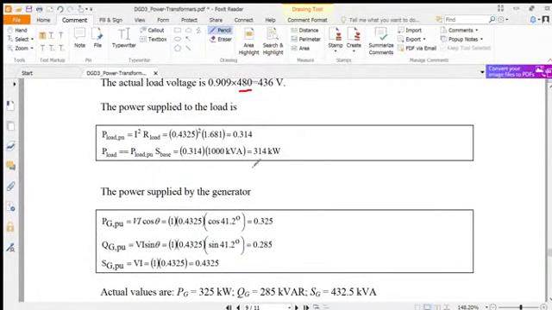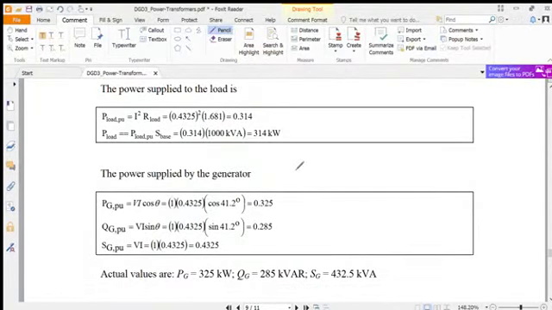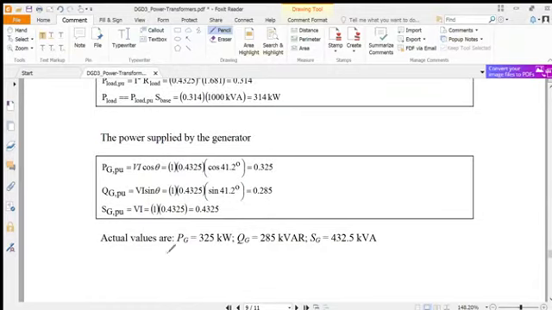Here we can see that the generator supplies 0.325 per unit, whereas the received power is 0.314, or 314 kilowatts. This is all the value in per unit, and this is the actual value. You just multiply by 1000 kVA, and we will get the actual value.